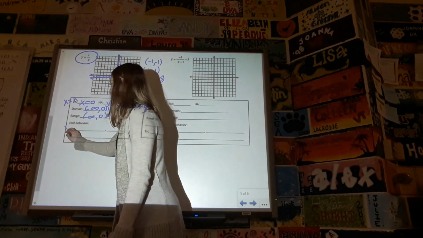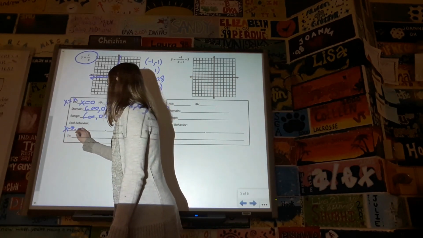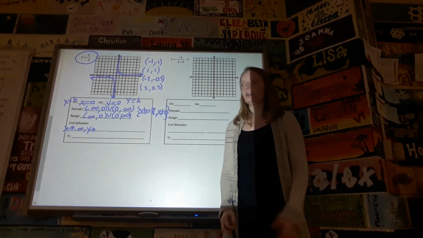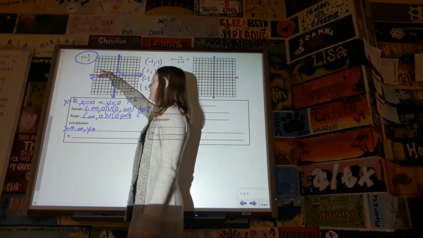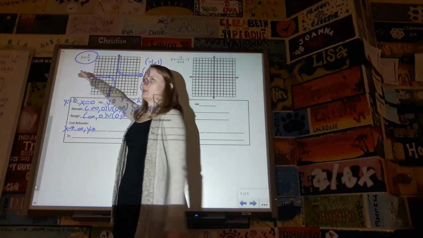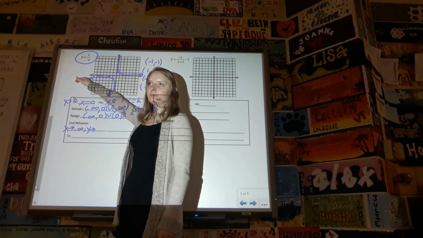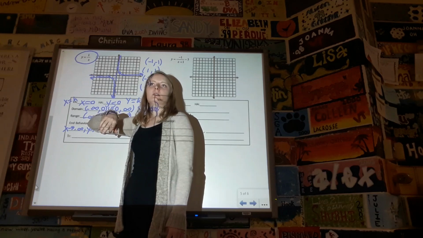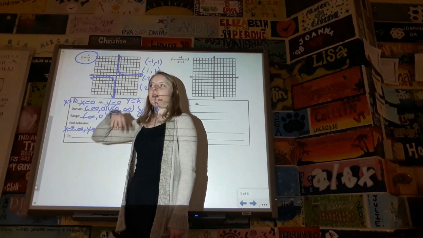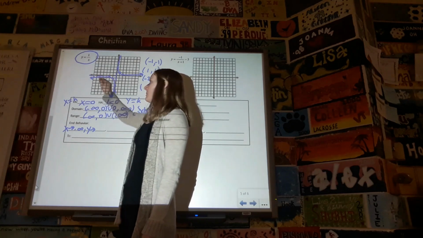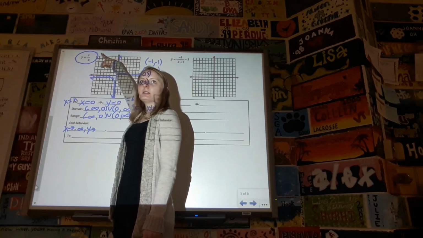All right, end behavior. So let's take a look. As x is approaching negative infinity, y is approaching what? So I'm going to look on the left side of the graph first. As I'm going left, what's the highest value that I can be going towards from my graph? What are options usually for end behavior? Usually positive and negative infinity, right? So I can see that I'm rising. As I'm going to the left, I'm rising, but will I ever be able to get to positive infinity?